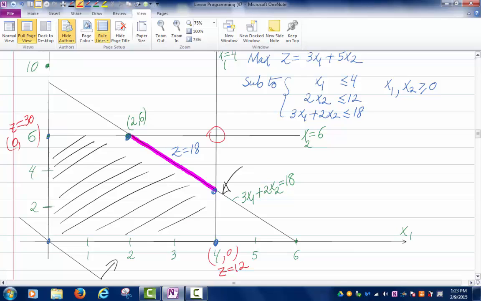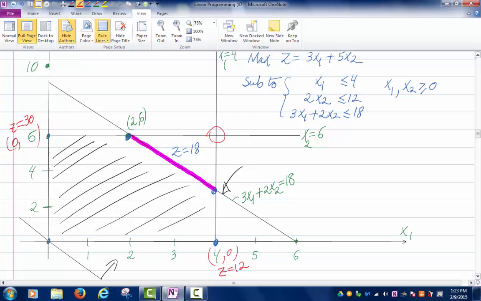Well, from the point 0, 6, I can only move along the horizontal edge which goes to the vertex 2, 6, right? Or I can go back to 0, 0, but I already know 0, 0 is a vertex where I get a smaller value of z, right? So now I can only move to the next adjacent, right?